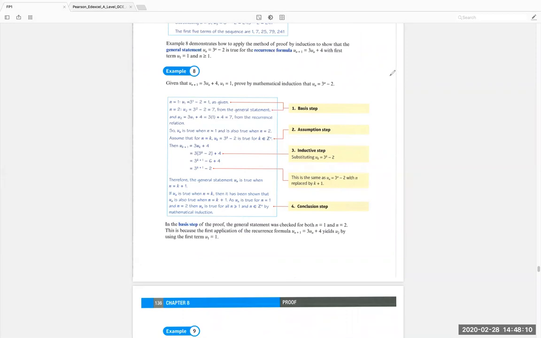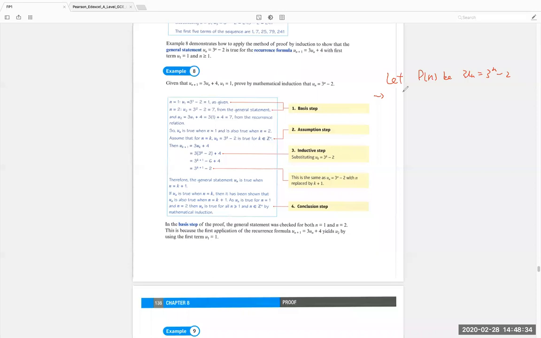So the first one, let Pn be Un equal to 3 to the power n minus 2. In the previous one, you prove that for n equal to 1, P1 is true.